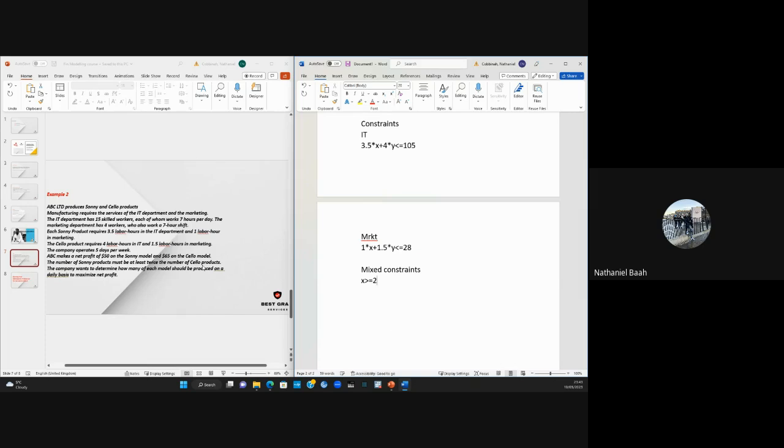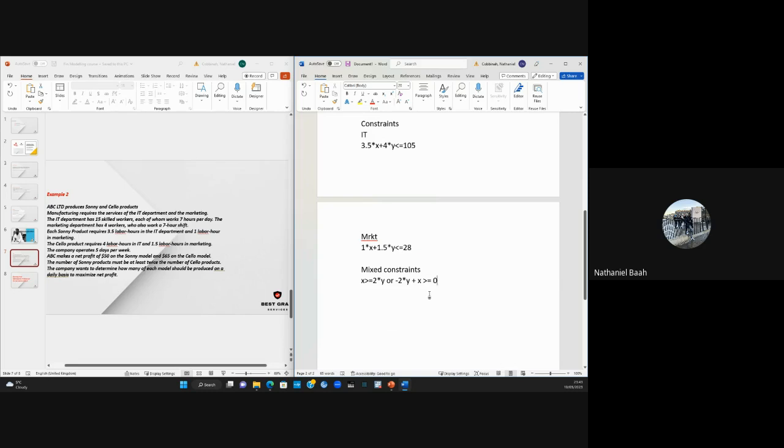So twice the number of Cello multiplied by Y. Or I write it as minus 2Y plus X should be greater than or equal to 0. So you can write it like this, or we can write it like that.